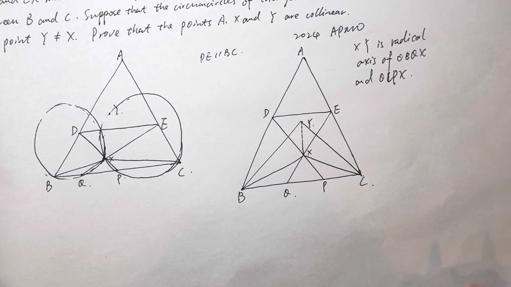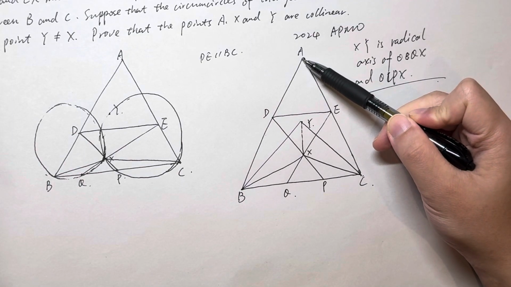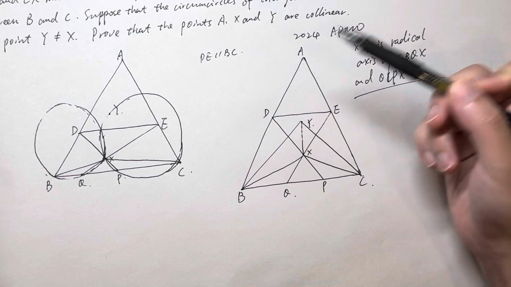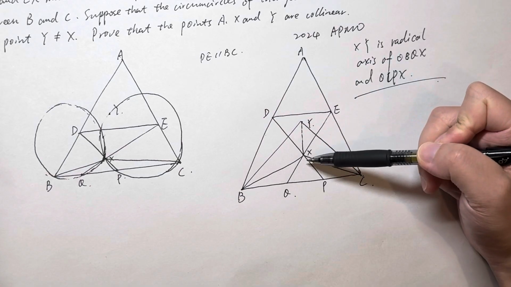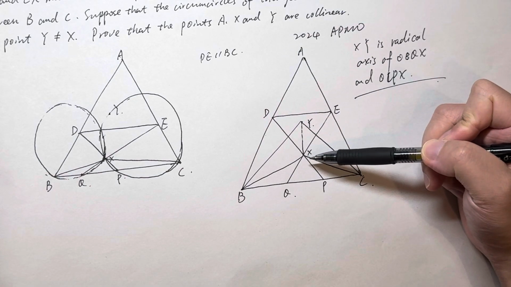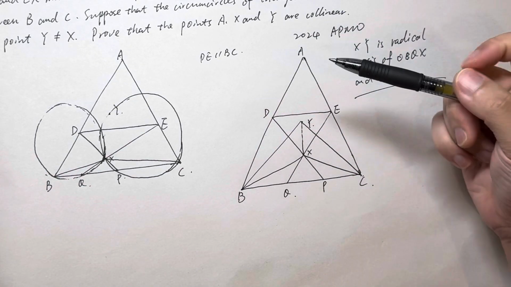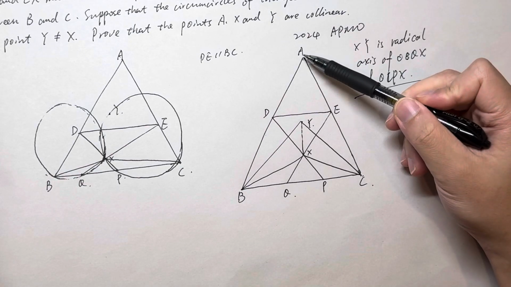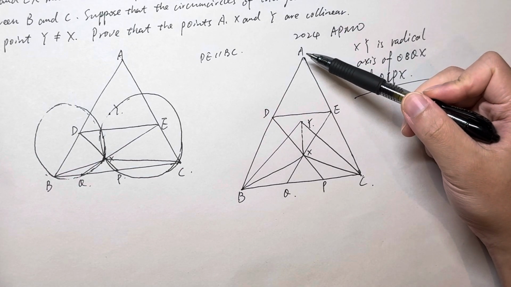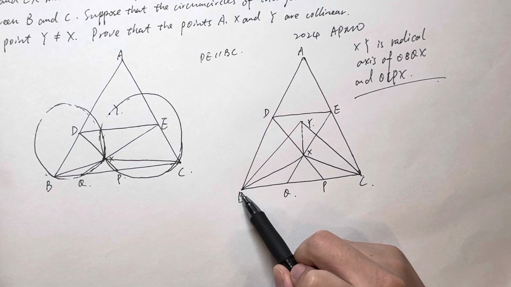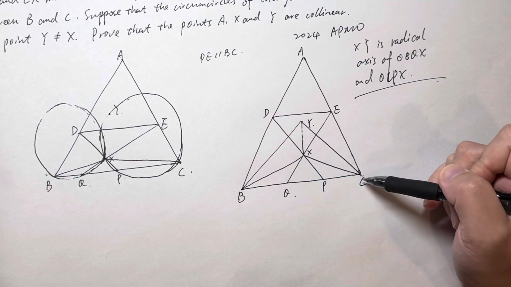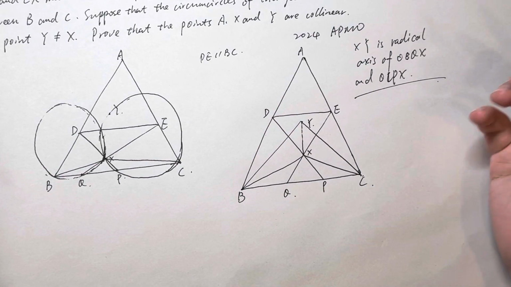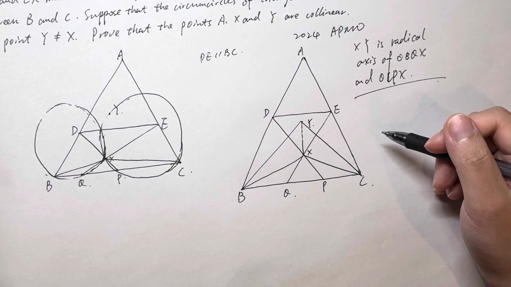Right, this is a key point. That means we just need to prove, because we want to prove that A, Y, X are collinear, which means that A is on this radical axis, which means that we just need to prove A has the same power to the circle BQX and to the circle CPX. Then we solve the problem, right?